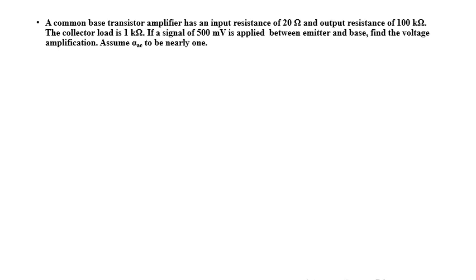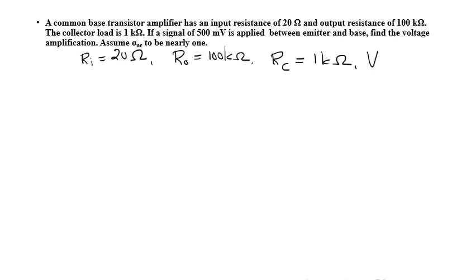So here what the things given are input resistance Ri, 20 ohm, and output resistance, which is 100 kilo ohm. And load resistance, collector RC, is equal to 1 kilo ohm, and input voltage 500 millivolt.